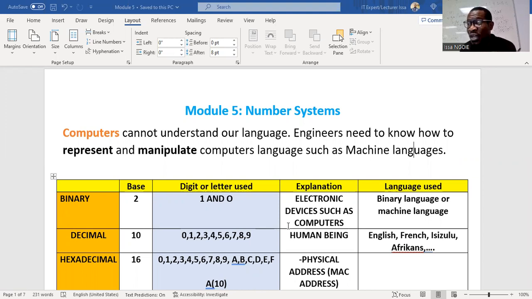So computers will use their own languages, which you have to understand. Shortly, we are going to talk about number systems. We need to use their own language, right? Computers will use what we call binary language, or machine language, right?